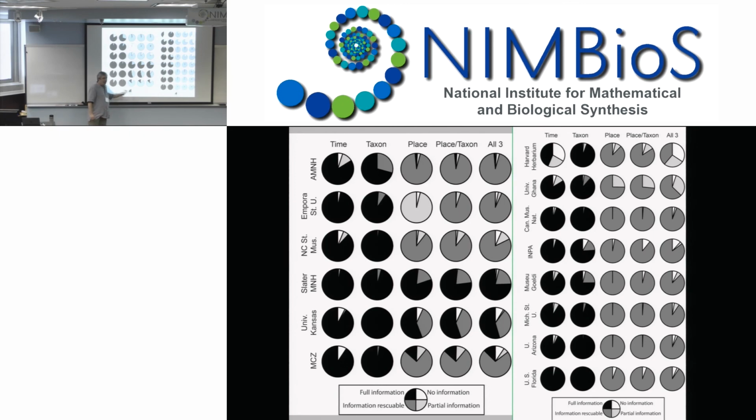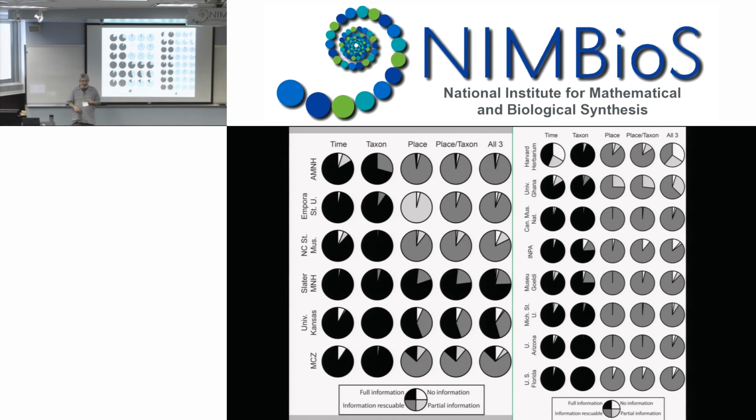Where you see gray, the information exists and could be rescued, could be enabled with some work. Where you see this lighter gray, the information is partial and probably will always be partial. And we defined "always be partial" as, does it require going back to the specimen? We decided that was too much work for the biodiversity informatics world.